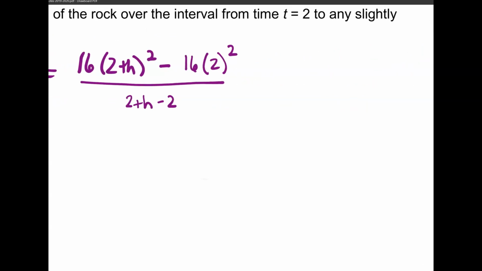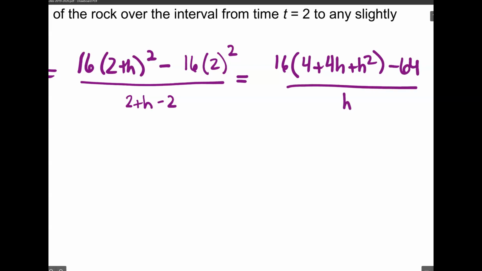Okay, am I okay to scroll over? I think we are. All right, do we remember how to FOIL? Okay, cool. So I have 16 times: first, 4; outer plus inner, 2h plus 2h, so that's plus 4h; plus h squared, minus 64, all over h.